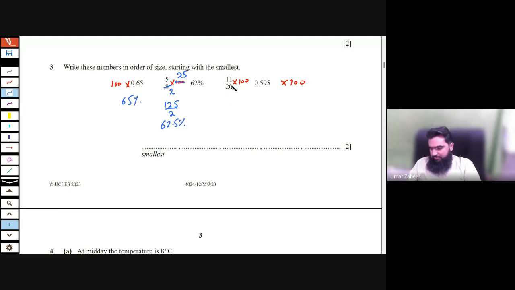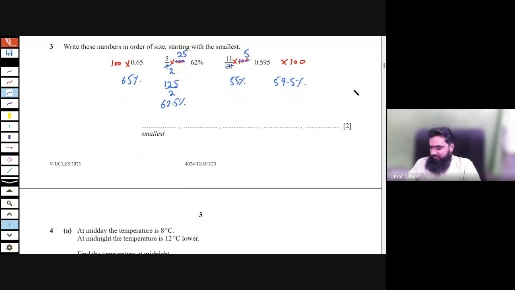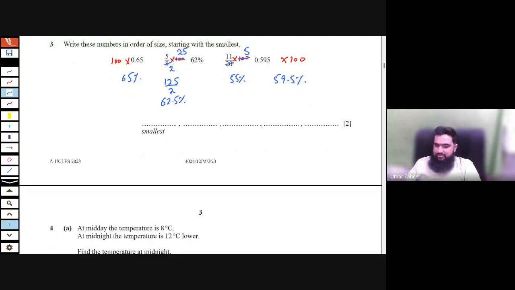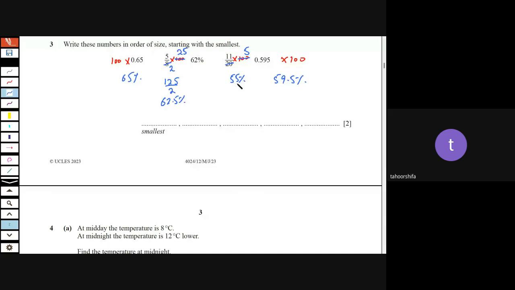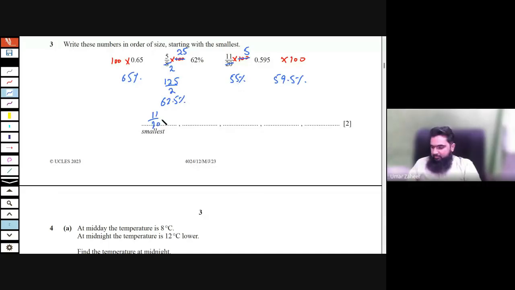Then times 5, that will be 55%. It will be 59.5%. So which value is the smaller one? That is 55%. 55 means 11 over 20. Next one is 0.595.